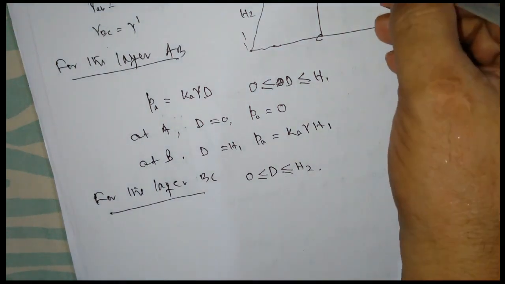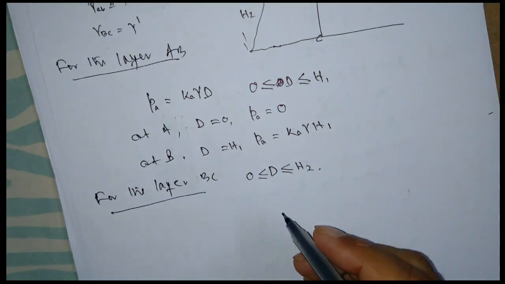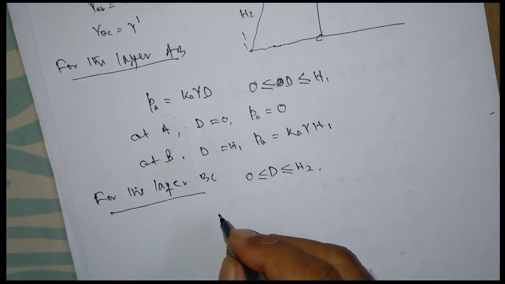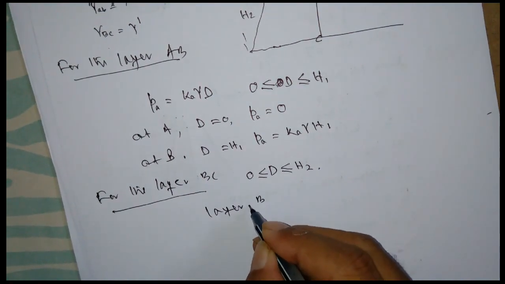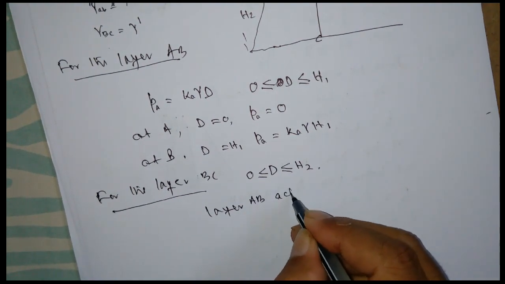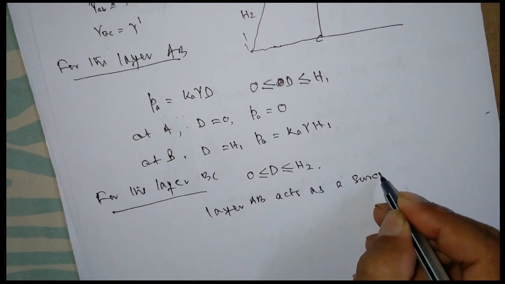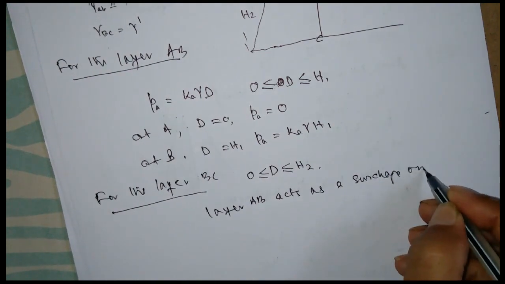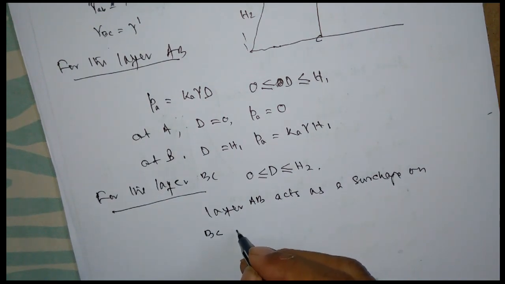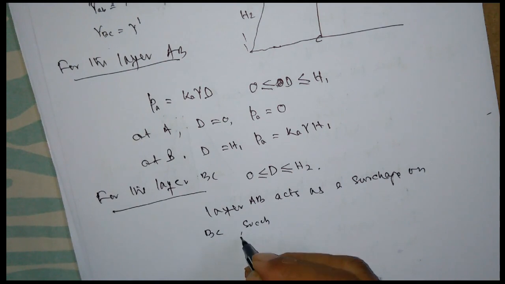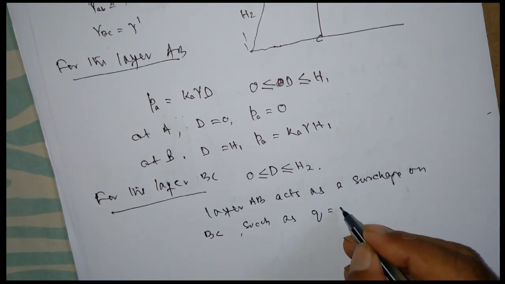And the layer AB now acts as a surcharge on BC, such that Q is equal to, what is the quantity of surcharge?